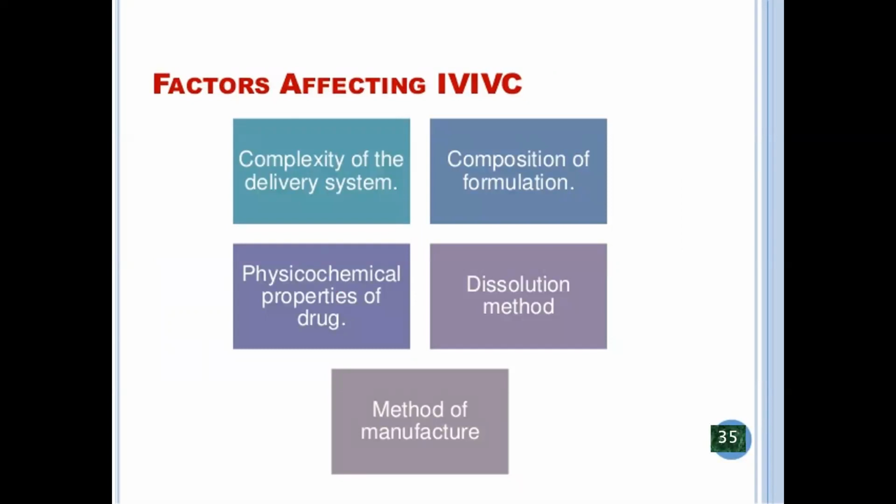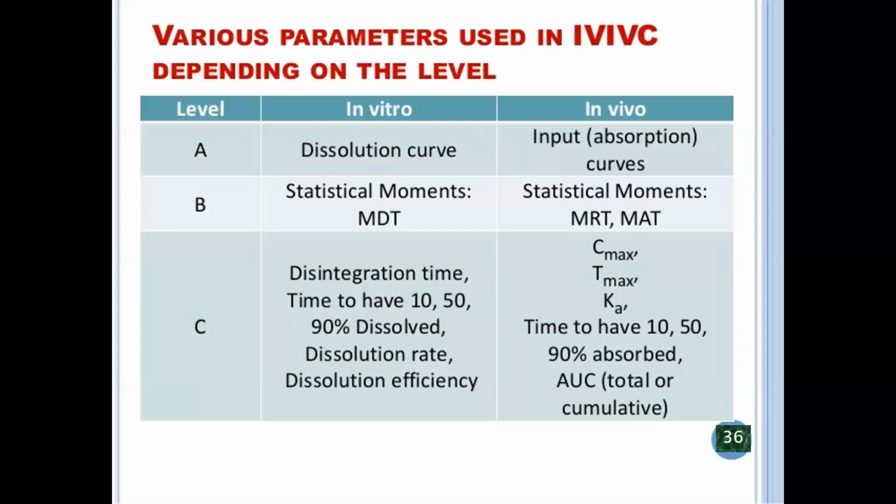Factors affecting the in vitro in vivo correlation are complexity of the delivery system, composition of formulation, physicochemical property of drug, dissolution method, and method of manufacturing. Various parameters used in in vitro in vivo correlation depend on the level. Level A: in vitro dissolution curve, in vivo input absorption curve.